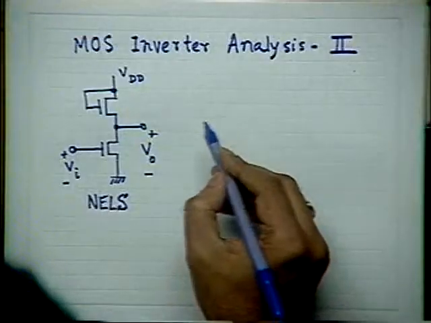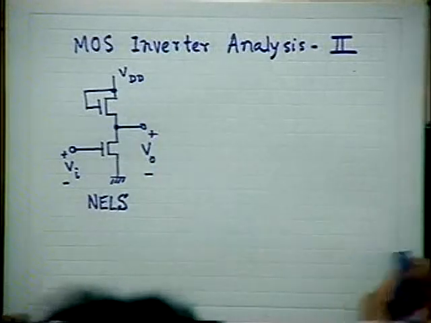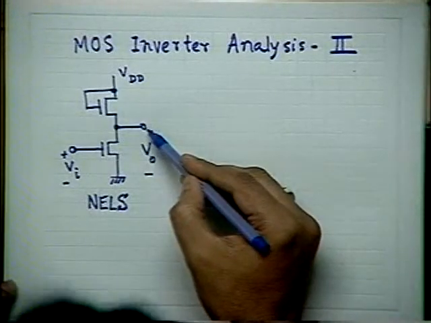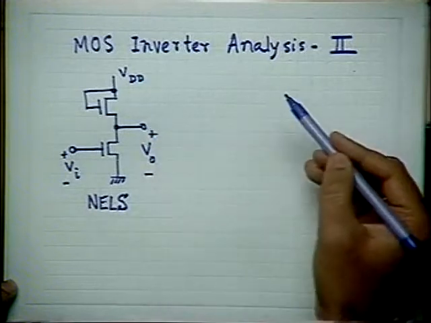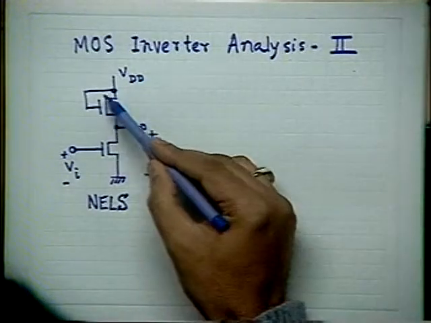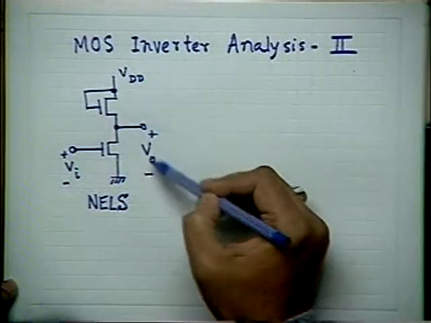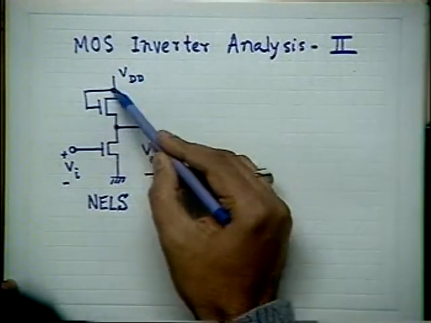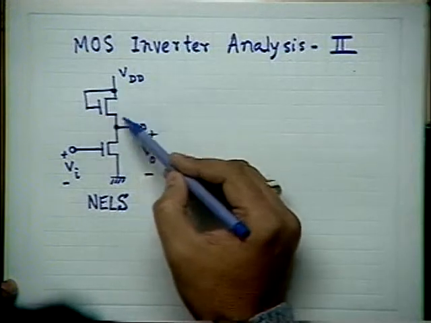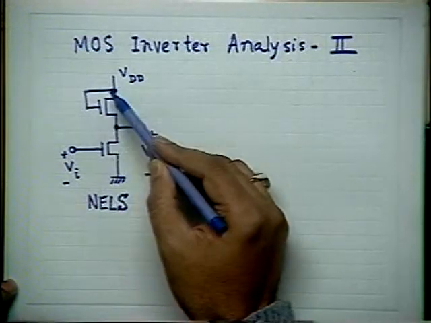We have seen that when the output voltage is near the high state, what will be the condition of this transistor?